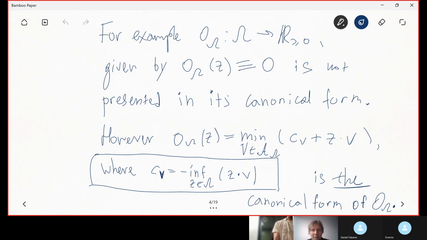You take not the minimum, sorry, the infimum, over all integer vectors V which can happen, of C_V plus Z times V, where C_V is chosen as minus the infimum of this scalar product. So what happens is that we introduce every possible tropical monomial which contributes somewhere at the boundary of our domain. Do you understand so far?